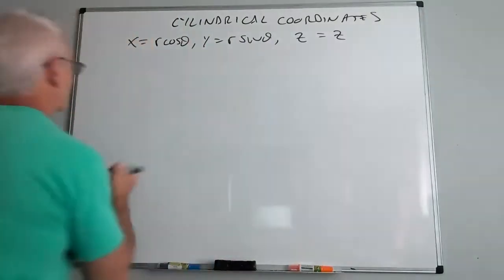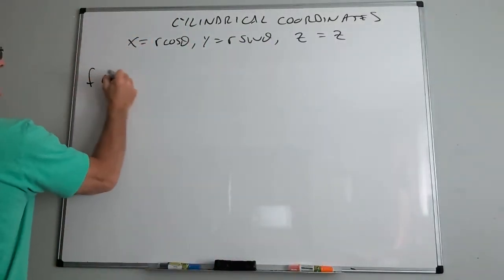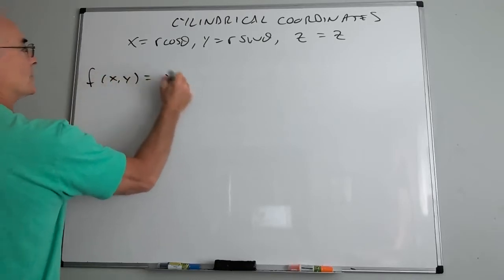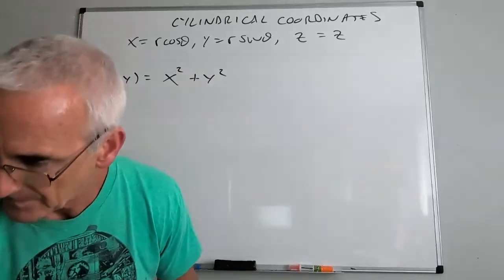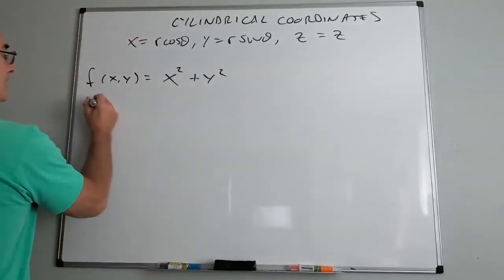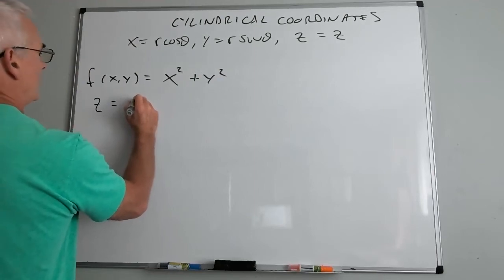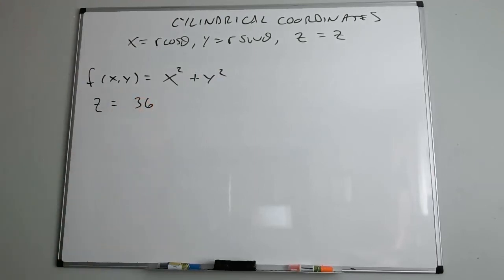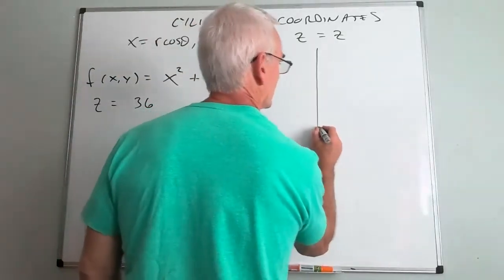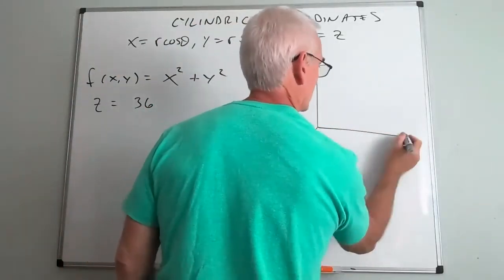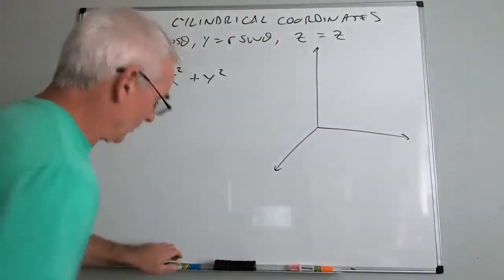Let's suppose I'm looking at the circular paraboloid f of xy equals x squared plus y squared, and let's say the plane z equals 36.